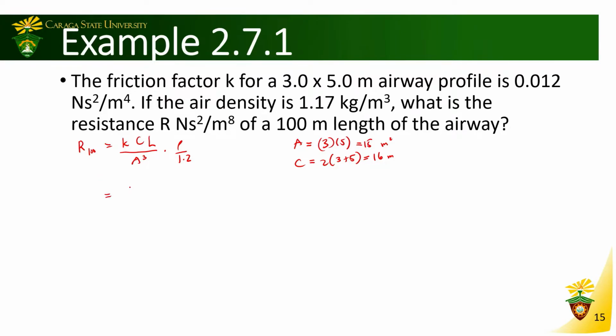Now we could compute, I think everything is already given. K is equal to 0.012, right here, the friction factor. C is equal to 16 times the length, which is 100, over the area, which is 15 cubed, times rho, the density, 1.17 over 1.2, which is a constant.